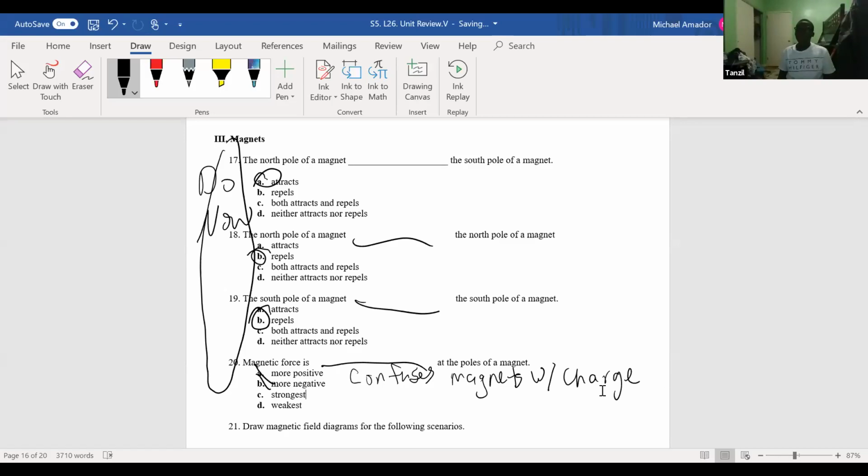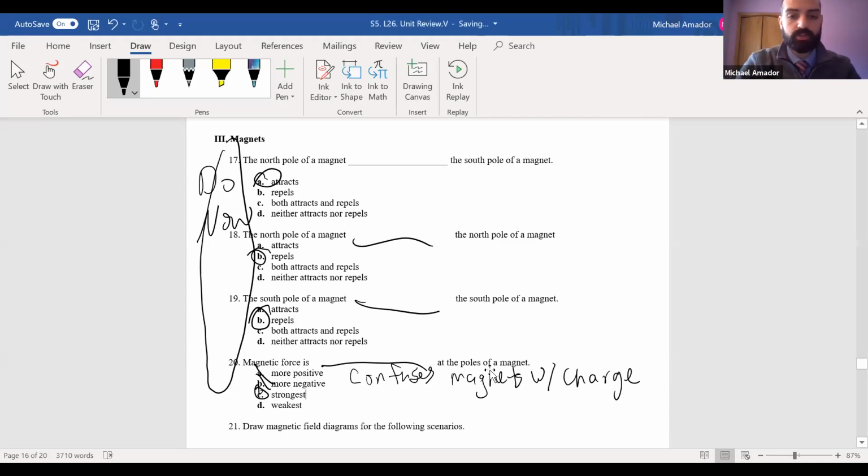Right. So think back to when we actually had that experiment where we put all the iron filings near the magnets. Where did all those iron filings line up? They all mostly lined up near the ends of the magnets, near the poles. So it's strongest.